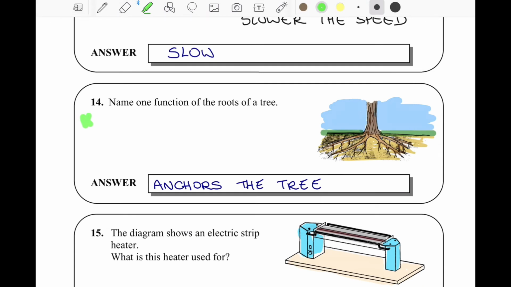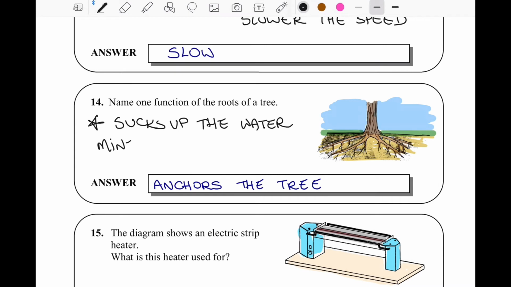I could have put in that it sucks up the water, minerals and food for the tree. We already said the anchoring. Oh yes, it would store food for the tree as well. Okay, so we'll put that one there.